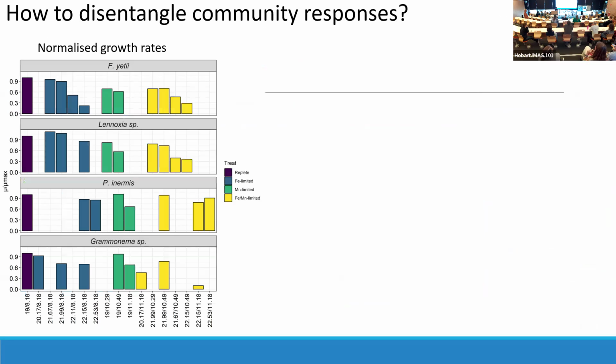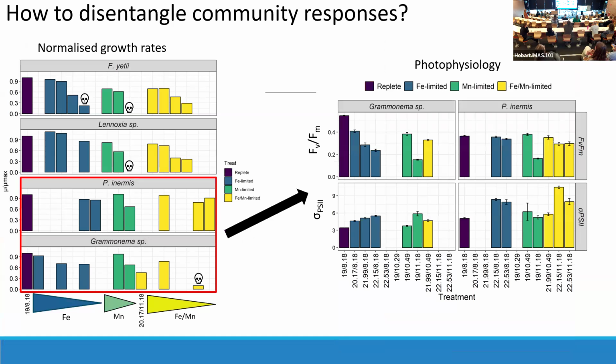I was just wondering what the advantage is to that and what you might be able to do differently in the field if you can identify these different processes or these different species.